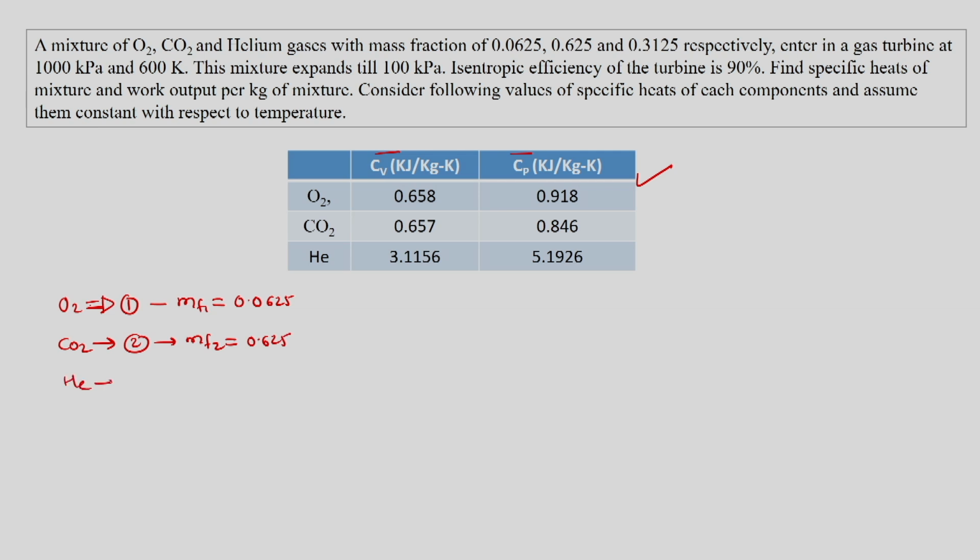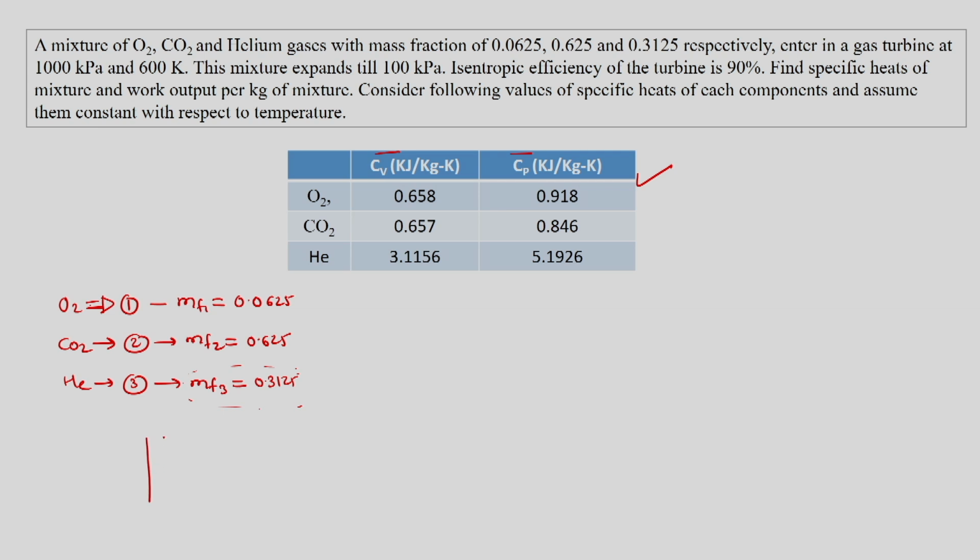Then we have helium which is 3, and MF3 is 0.3125. We can cross verify by taking sigma MFi, which will give 1. Actually this data of MF3 or any one MF is redundant, since we could have as well calculated that.